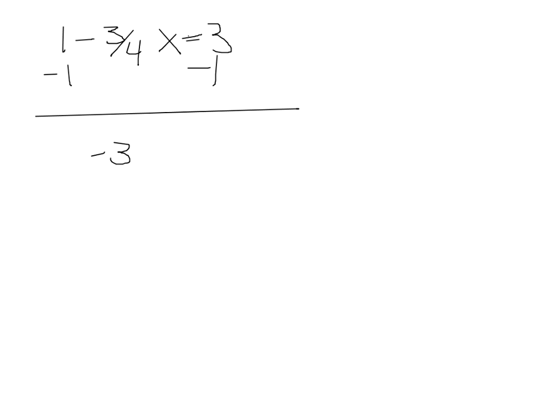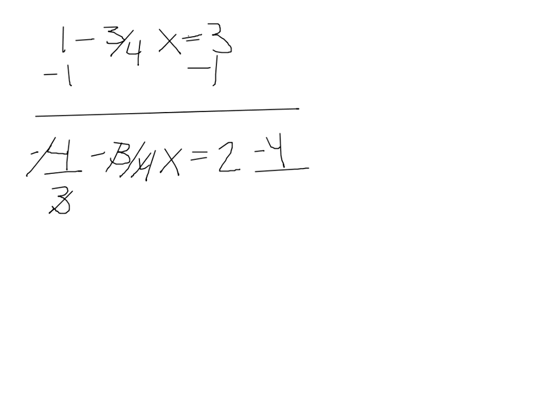So I'm going to subtract 1 from both sides. And I get minus 3/4 x equals 2. And now I can multiply on both sides by minus 4/3. And the 3's cancel off, and the 4's cancel off, and the negatives cancel.